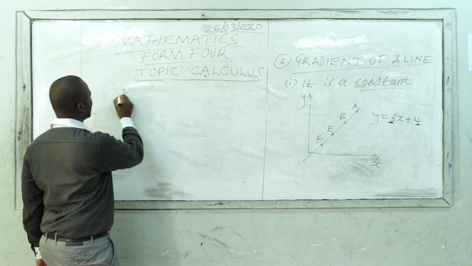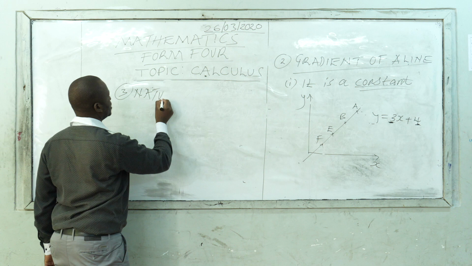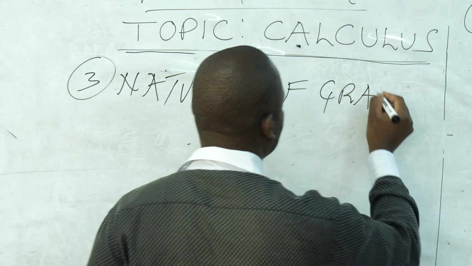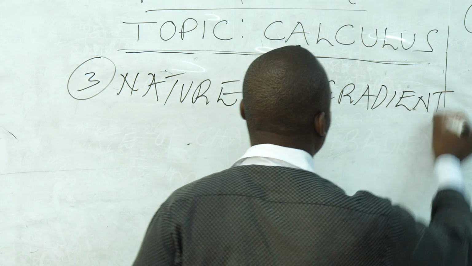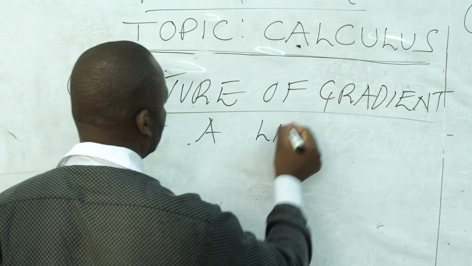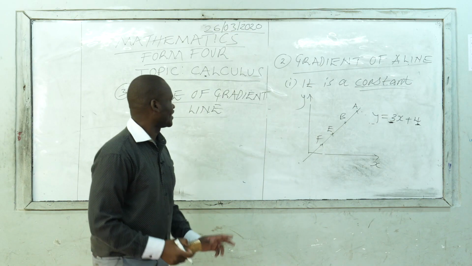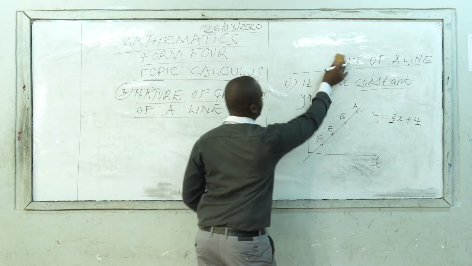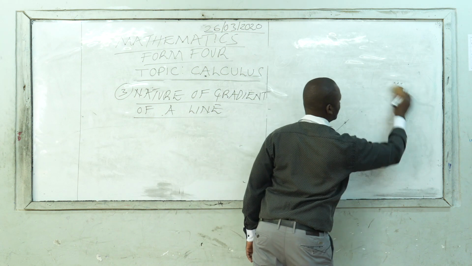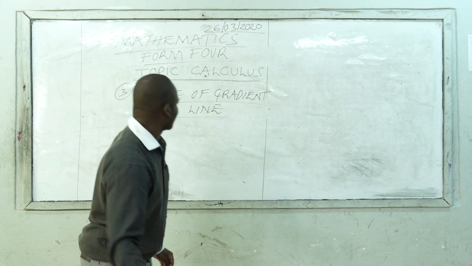So we have item number 3, nature of gradient of a line. Under this, we are going to discuss 4 critical points, which will form a good foundation for our Form 4 topic, calculus. Now, these are the 4 points.